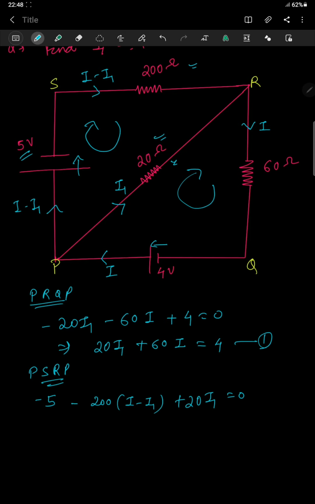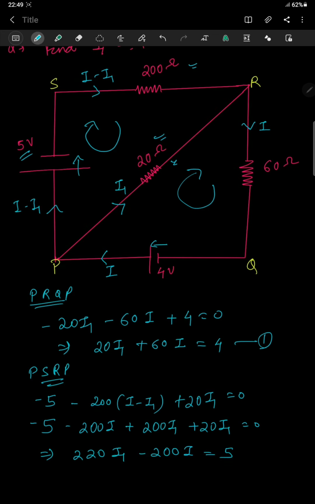Now nothing is there, just mathematics. No more physics is involved from here on. If I open it up, what I'll have is minus 5 minus 200 I plus 200 I1 plus 20 I1 equal to 0. Okay, so this implies 220 I1 minus 200 I equals 5.